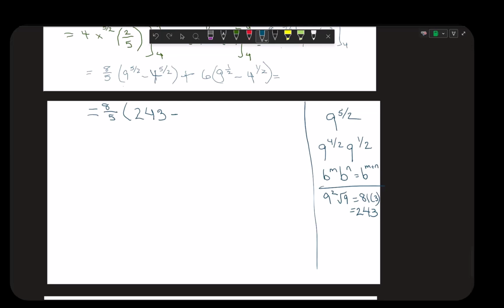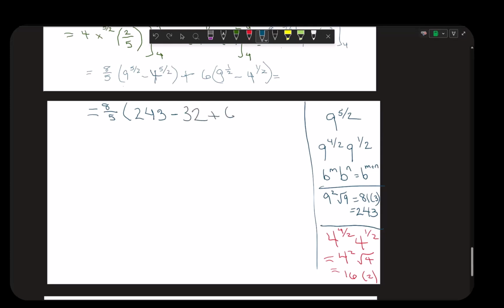Minus, and again we have the same thing. We have 4 to the 4/2 times 4 to the 1/2, which equals 4 squared times the square root of 4, which equals 16 times 2, which is equal to 32.